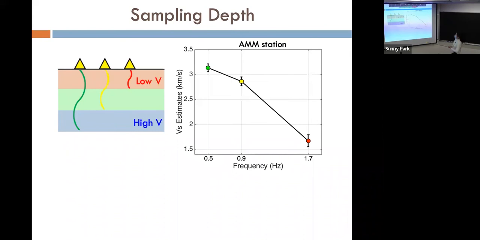So I did exactly the same analysis. It's all VS here, just with different central data frequency. And you can see that it varies from about 1.7 kilometer per second here to about 3.2-ish kilometer per second there.